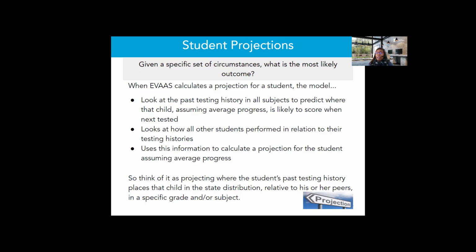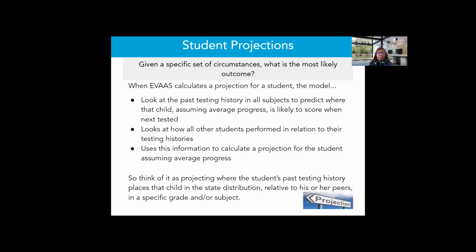So there are students who have taken the test and they have their own individual testing histories. And so we look at how they performed on the assessment in relation to their testing history. And then they take all of this information and they calculate a projection for the student who has not taken the assessment, right?